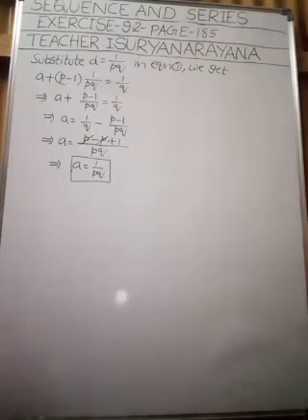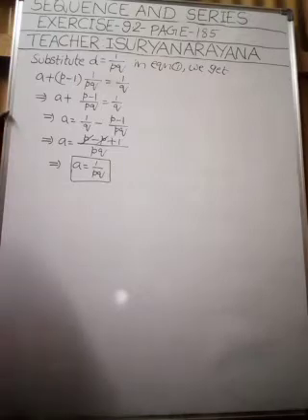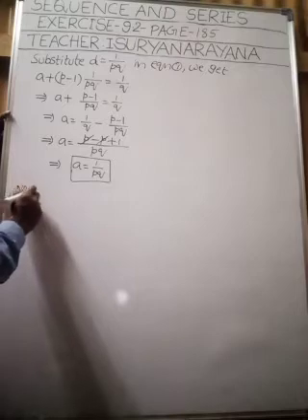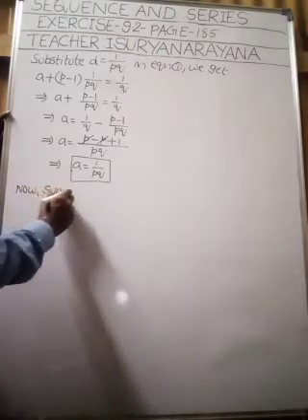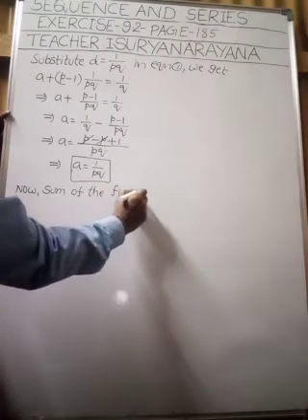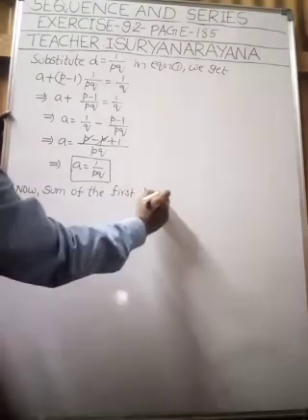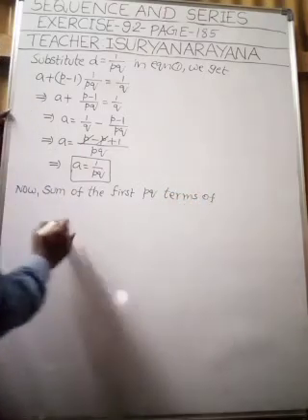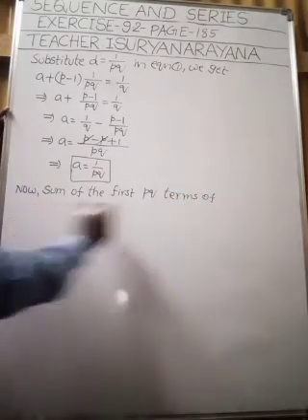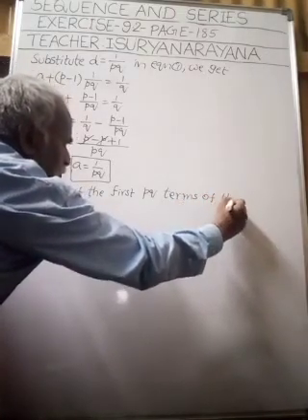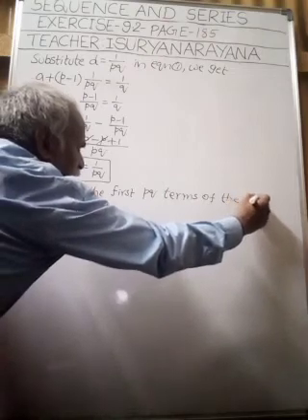Okay, my children. Now let us find the sum of the first PQ terms of the arithmetic progression.